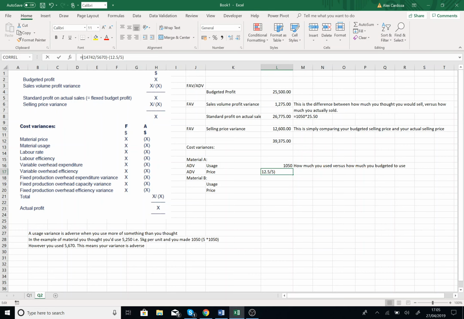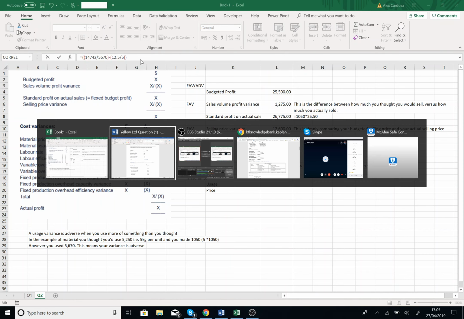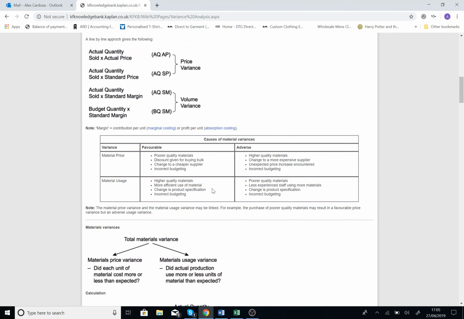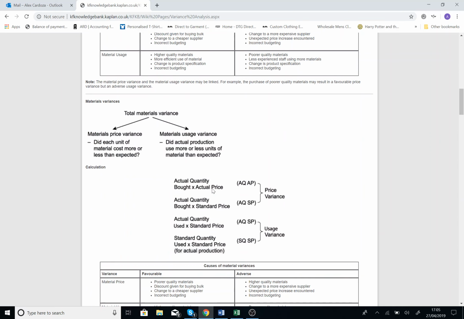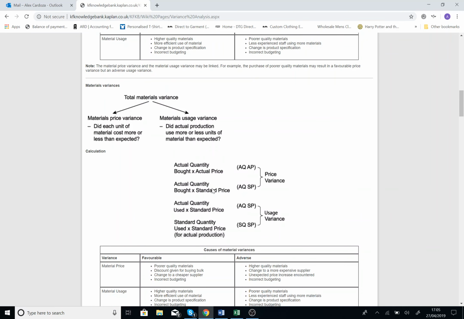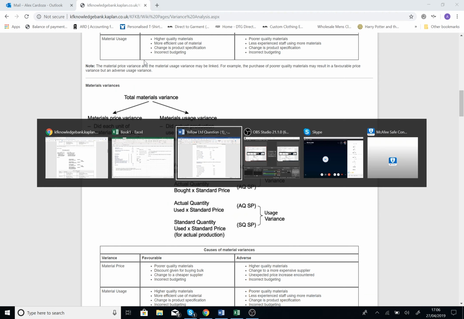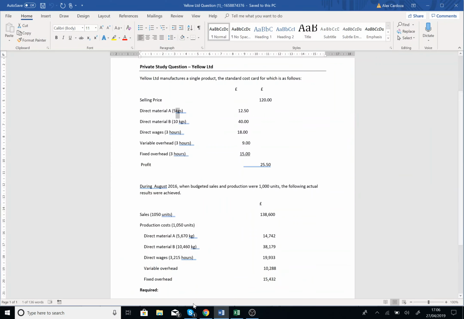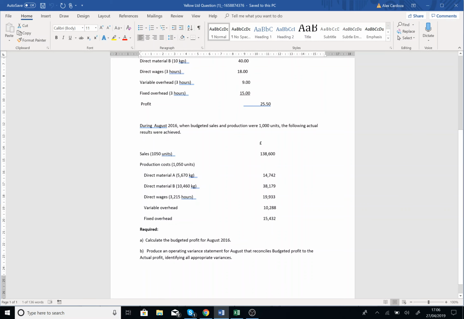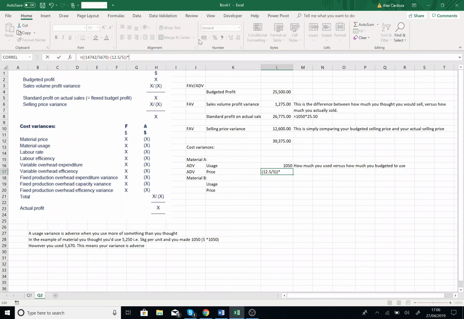Then we times that by how much we actually bought, which was 5,670, yeah?